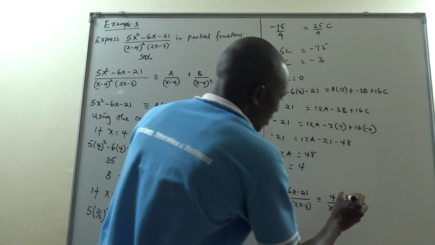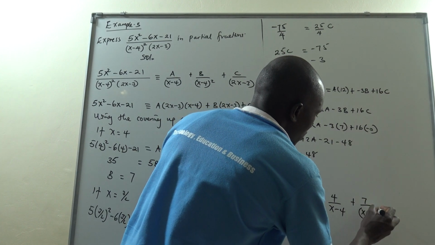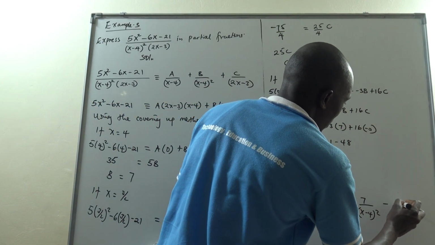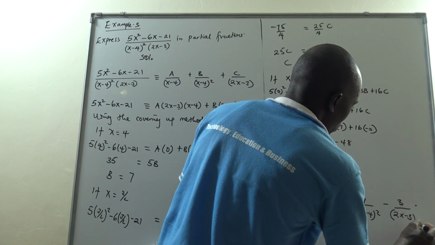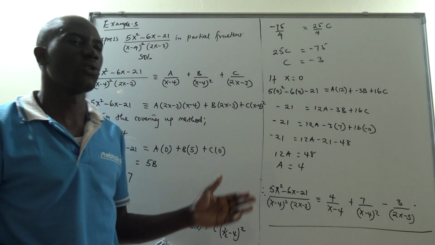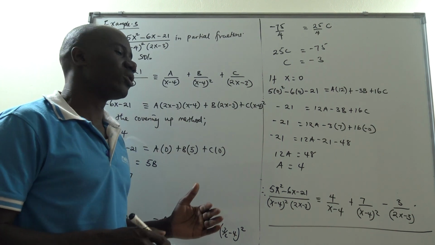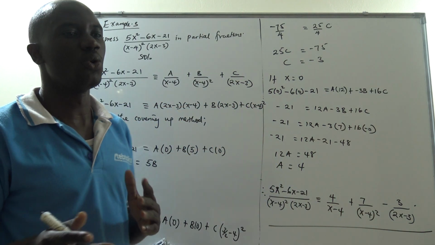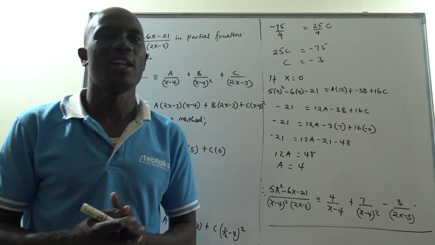It is already 7, plus 7 out of (x minus 4) squared. Do we know the value of C? It is already negative 3, so minus 3 out of 2x minus 3. So you can see we have tried to express it in the required partial fractions, having in mind that the denominator has what we call a repeated factor. That's what we do when it comes to such kinds of problems.